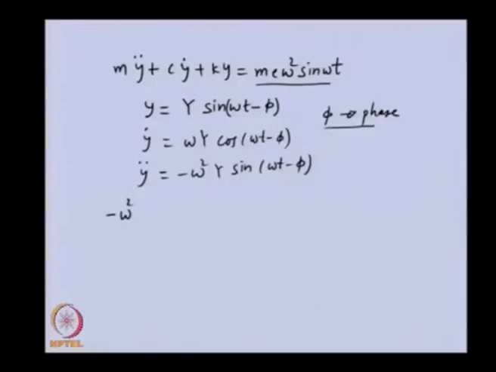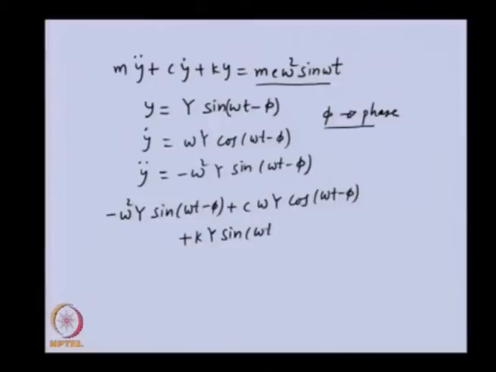So we can write it like this, omega t minus phi, and then the last term corresponding to the stiffness on the left hand side. This should be equal to the unbalanced force.